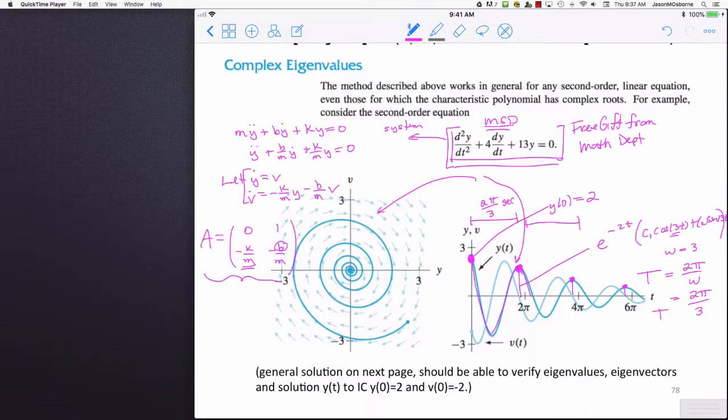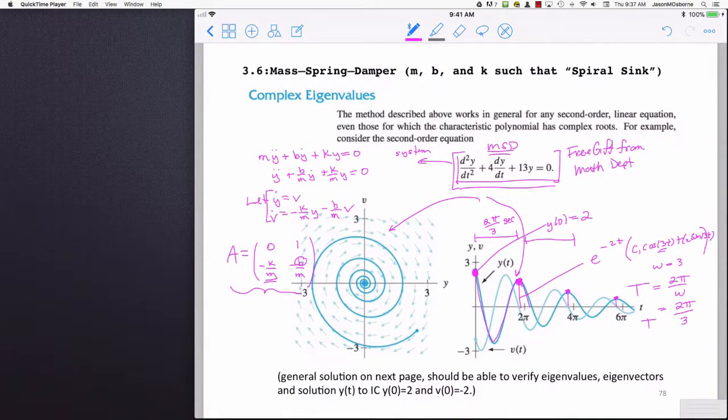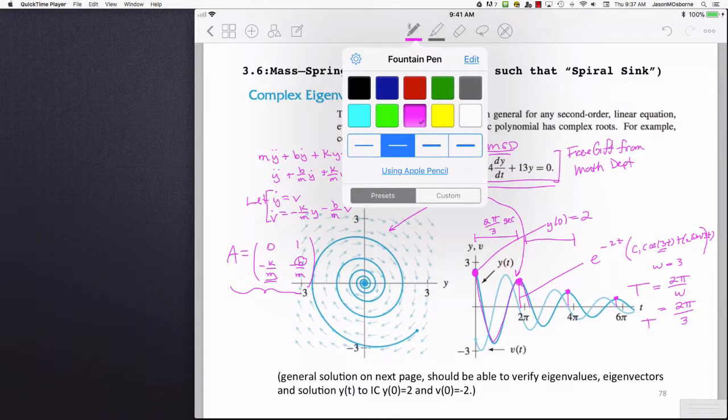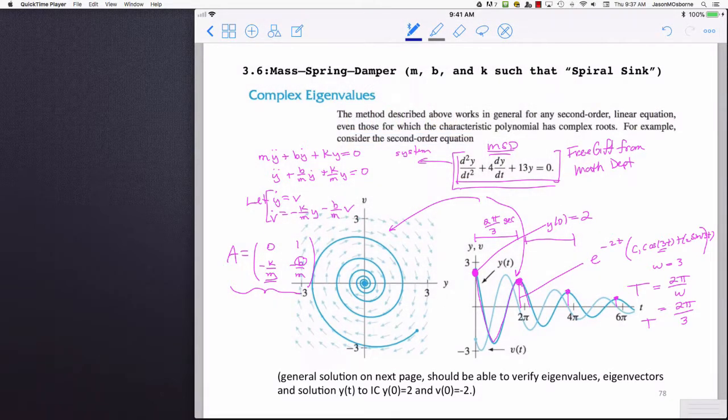The free gift from the math department is a way to get to the eigenvalues a little bit more quickly. The trick here is to guess a solution to this second order differential equation, and we're just going to focus on the differential equation itself.